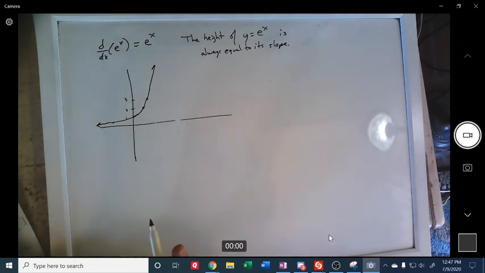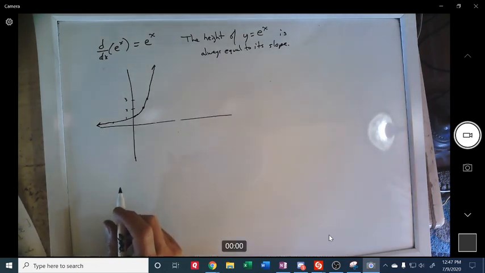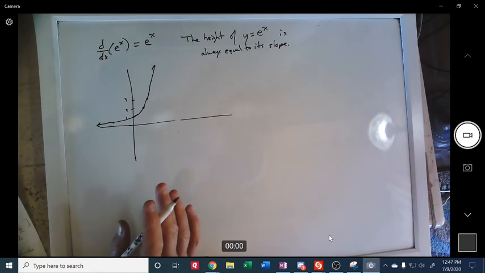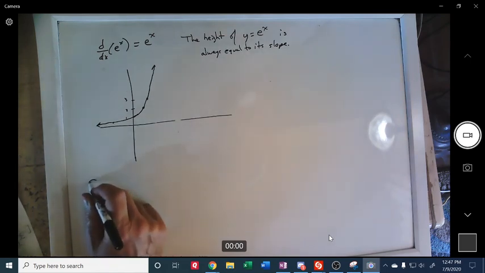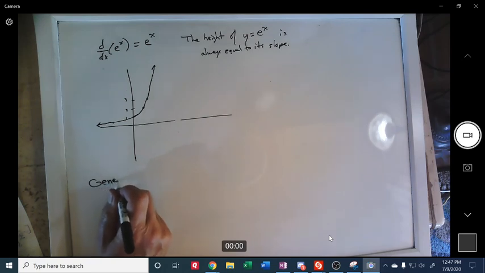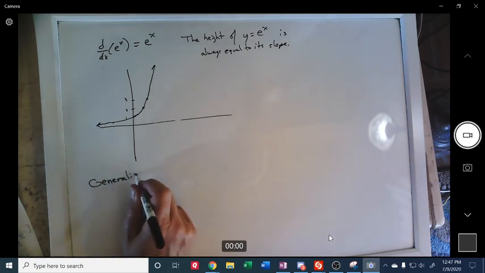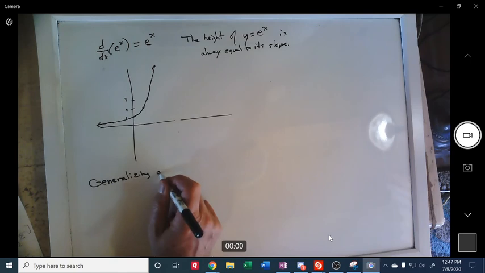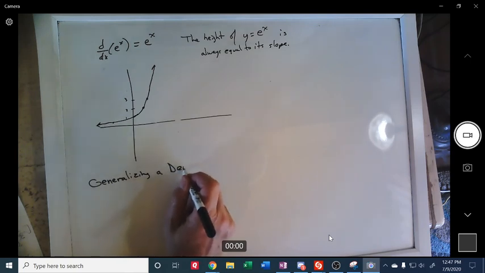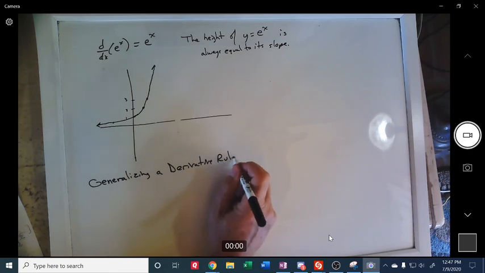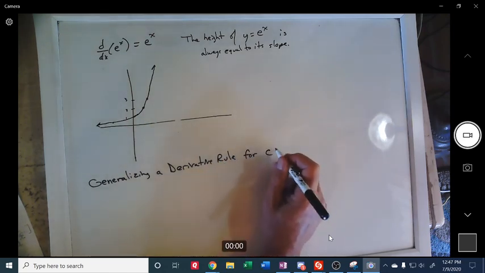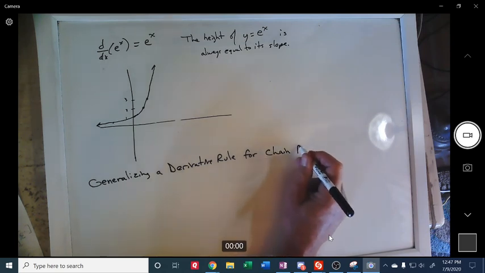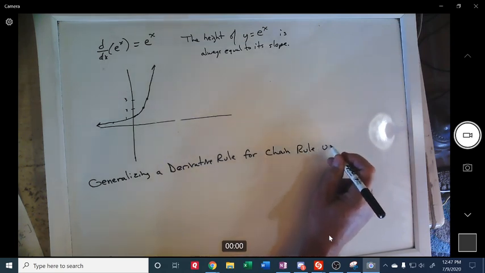Alright, now I want to take a side route for a moment, generalizing a derivative rule for chain rule use.